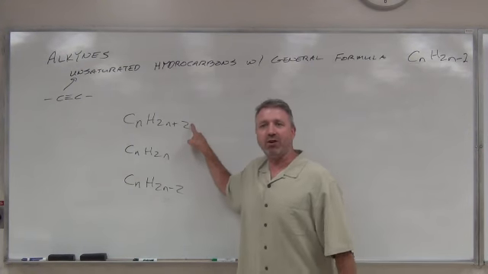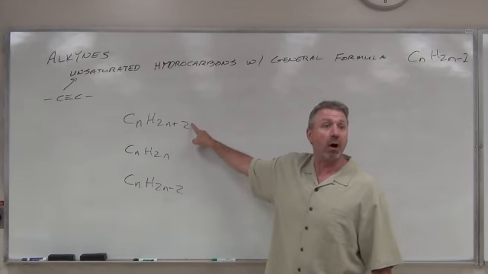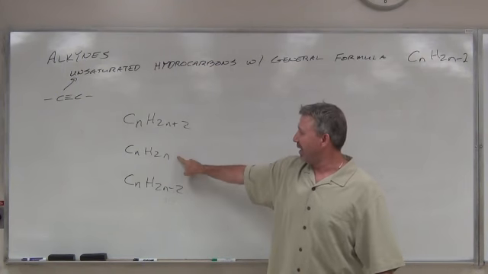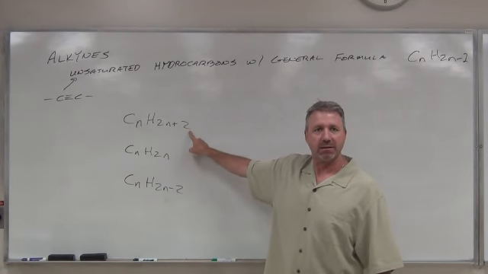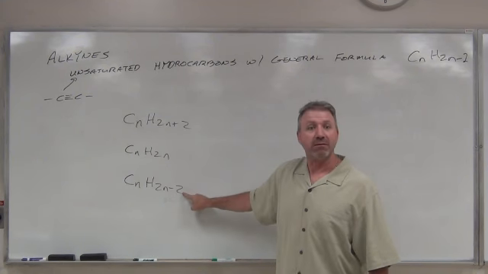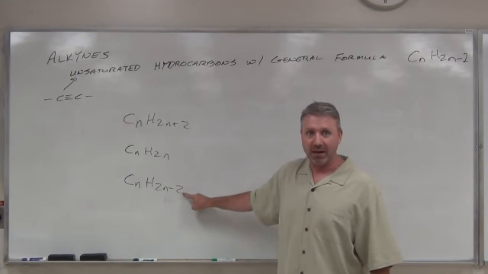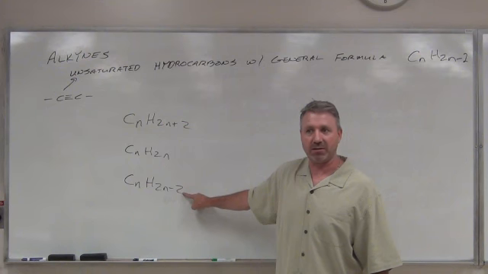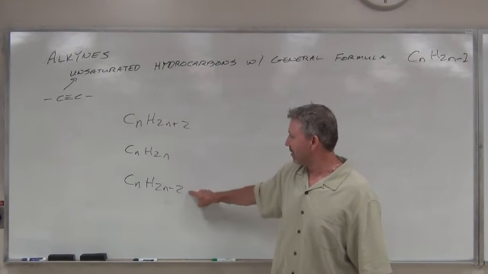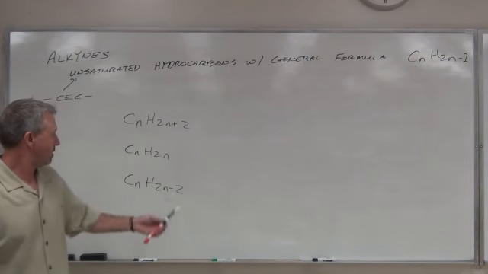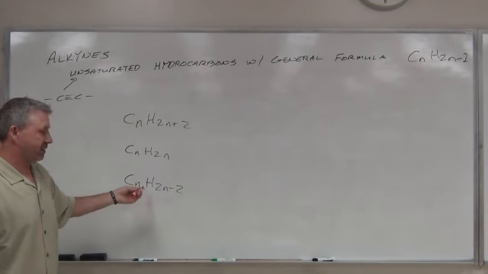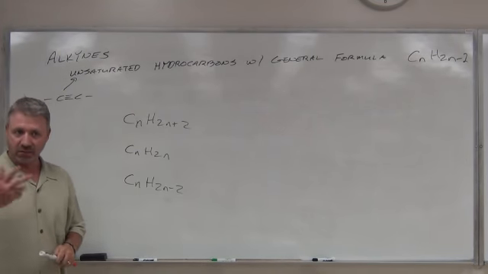Here, I have no double bonds, no multiple bonds. Here, I have one double bond, but it costs me 2 hydrogens. Here, I have a triple bond, and it costs me an additional 2 hydrogens. So this one actually has a difference of 4 hydrogens from the alkane to the alkyne. 2 for each bond.